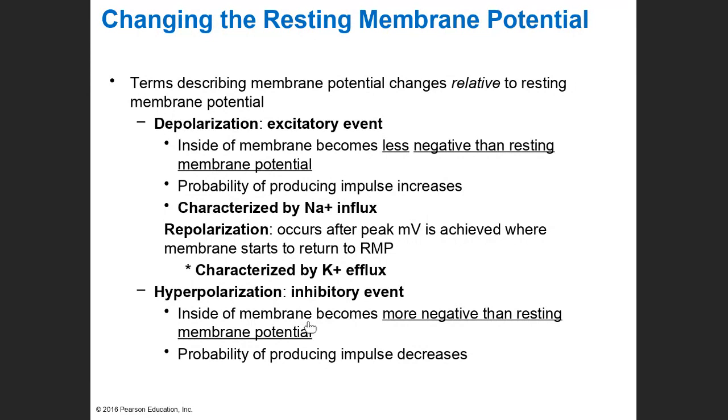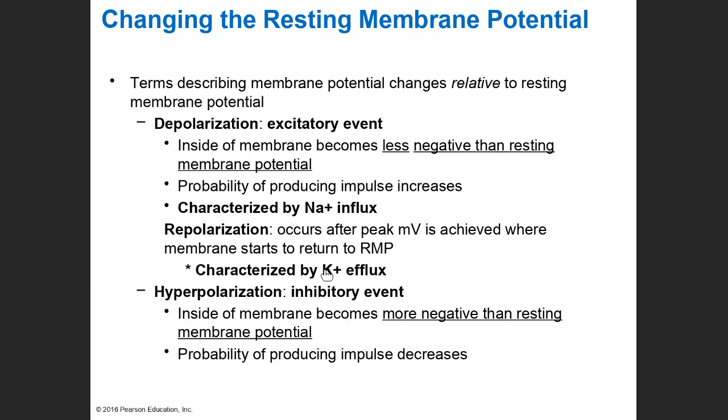The reason for that is because these voltage-gated potassium channels are slow to close. The channels associated with potassium are slow, versus the voltage-gated sodium channels, which are really fast to open and close.